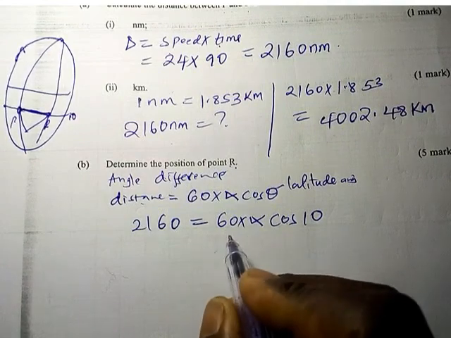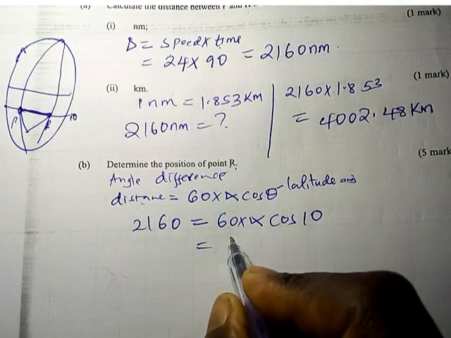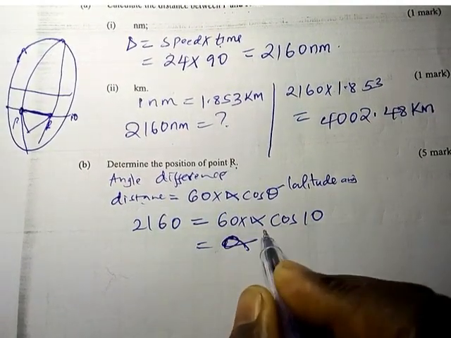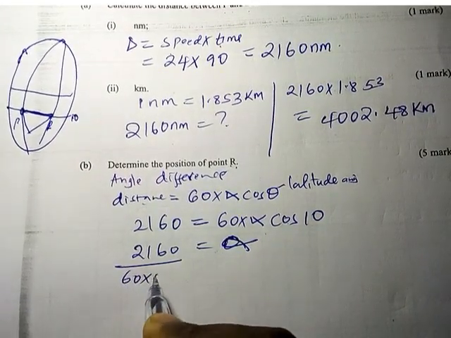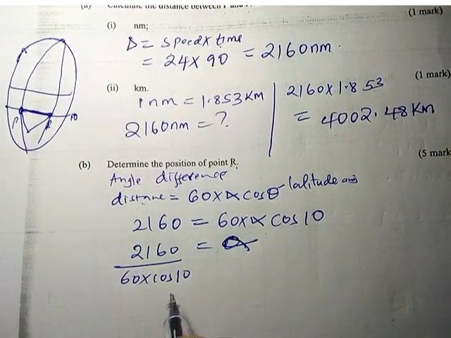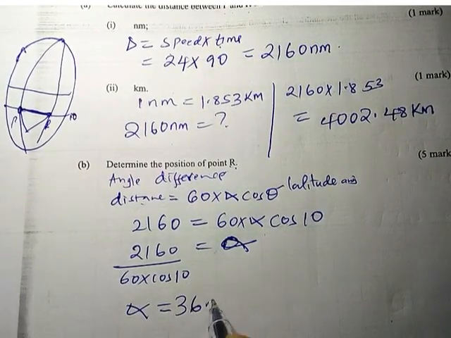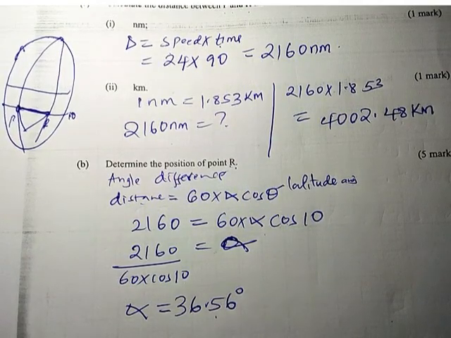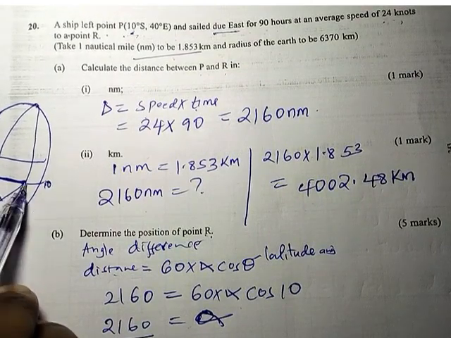So alpha will be equal to 2160 divided by 60 times cos 10. So alpha is equal to 36.56 degrees. So the angle difference is this one. Now we are moving from P to the east.